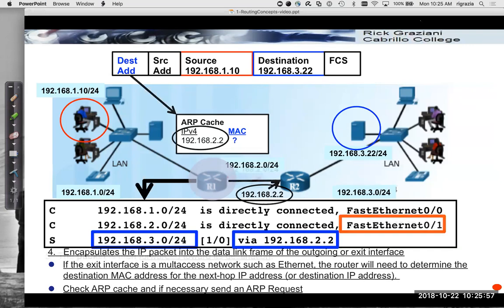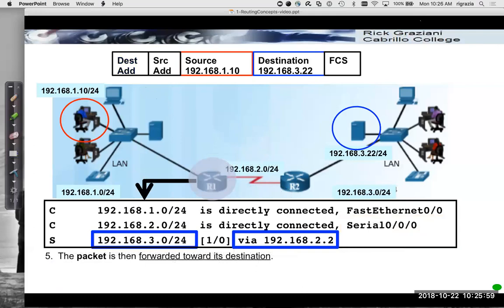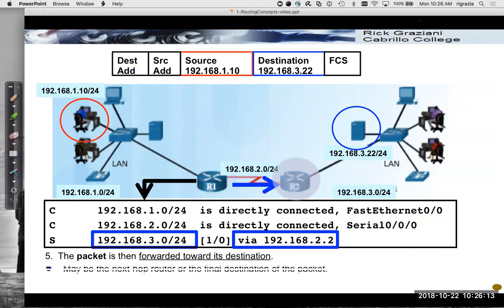All right, so let's continue with our previous example. The packet will now be forwarded, whether it's serial or Ethernet, on to R2. Like I said, this may be the next hop router, or in R2's case, it will be forwarding it on to the final destination of the packet. But that's the basic packet forwarding process that all routers are going to go through.